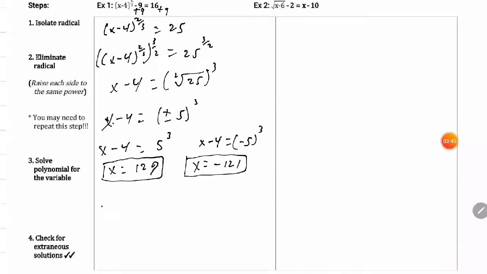X minus 4, so 129 minus 4, that's in parentheses, to the 2/3, minus 9 equals 16. So we're going to see if this is true. And then over here, negative 121 minus 4 to the 2/3, minus 9, does that equal 16?